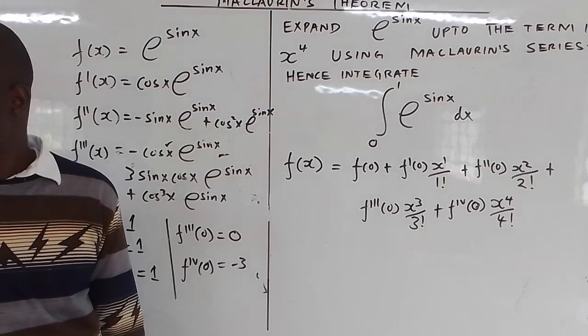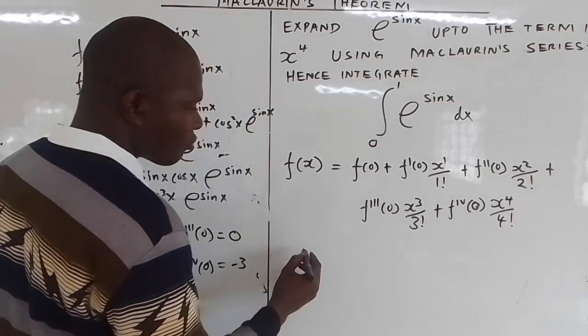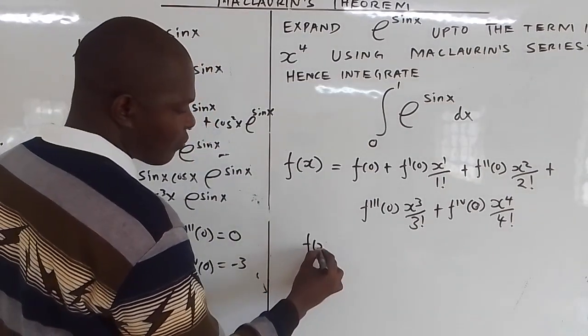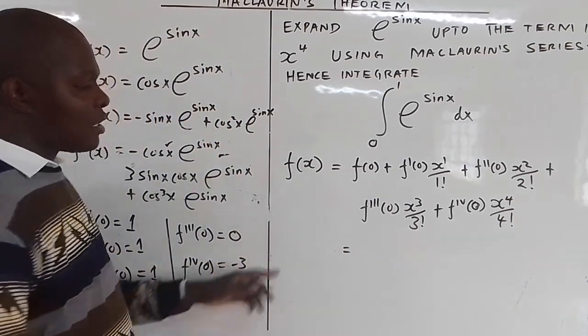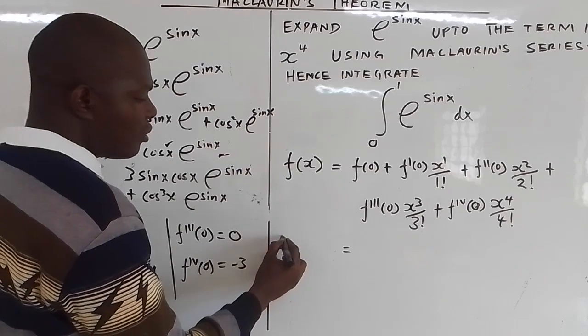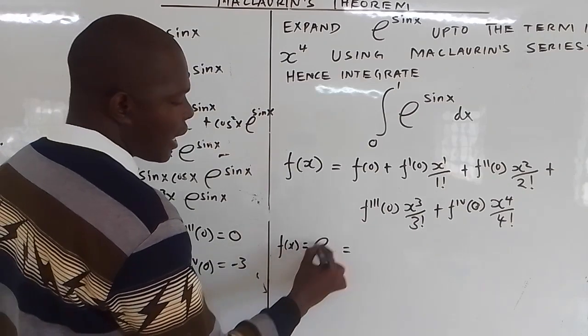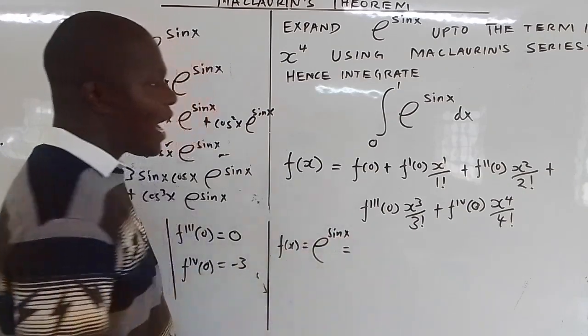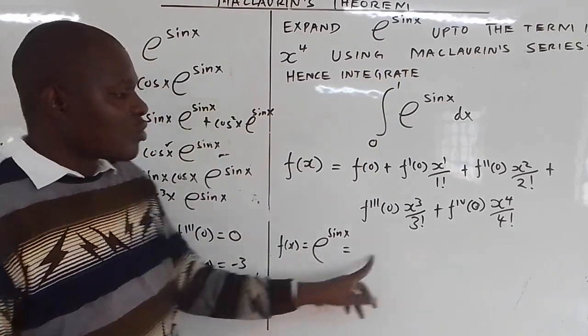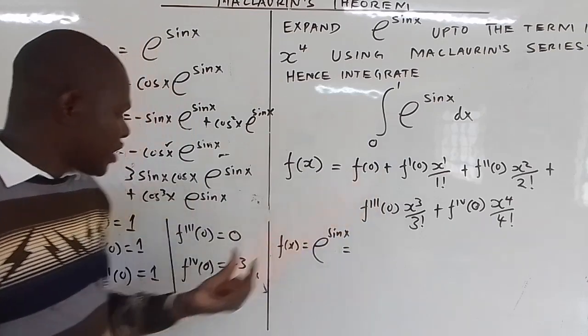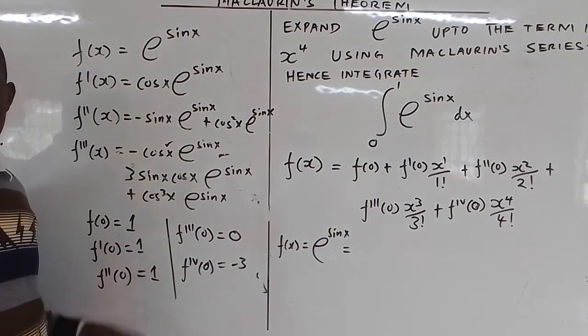Are you seeing that? Let us now substitute. What is f of x now? Our f of x was exponential of x. So exponential of x is equal to all this. What is f of 0? f of 0 you found to be 1.